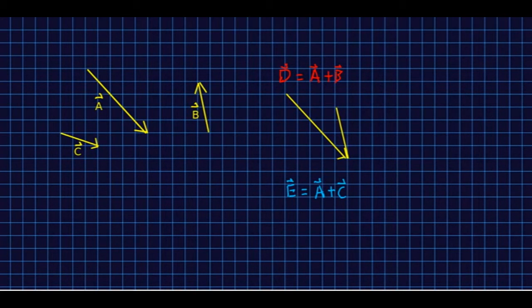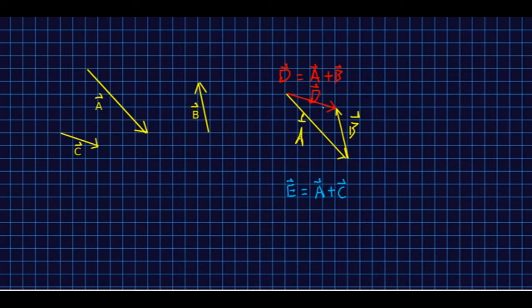That's how you do vector addition. You take the two vectors and you put them head to tail. And I'll just stress, what I'm doing here is called graphical vector addition. And by graphical, again, I don't mean graphing. I mean graphical has to do with drawing. So there we go. There is D, found from A and B.